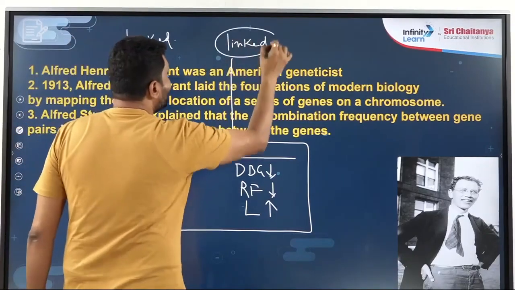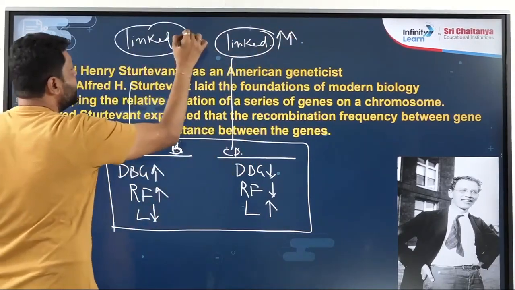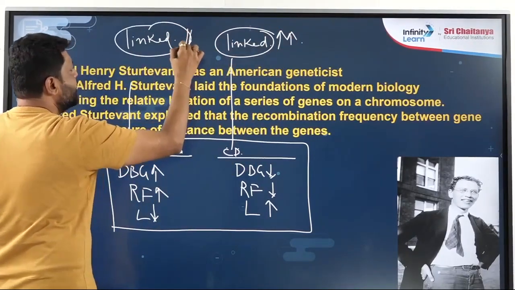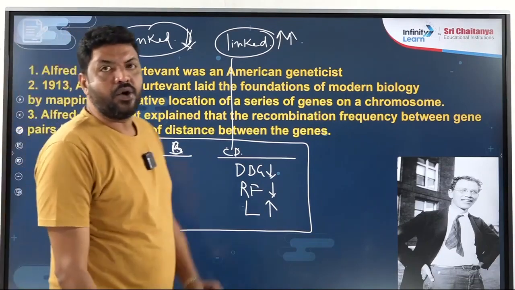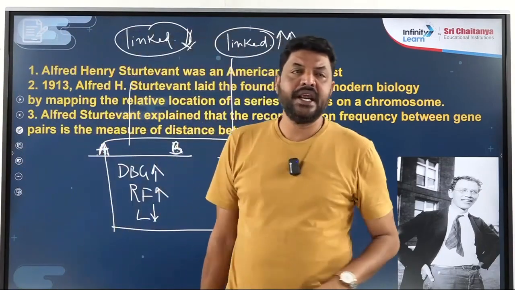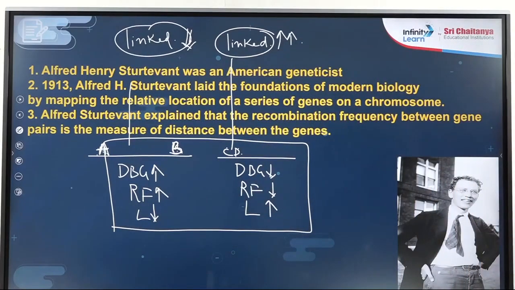Here linkage is more, and here linkage is less. But both genes are present on the same chromosome, hence we call them linked genes. So crossing over is possible only between linked genes.